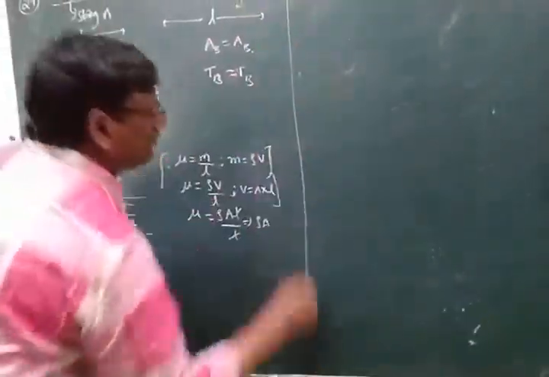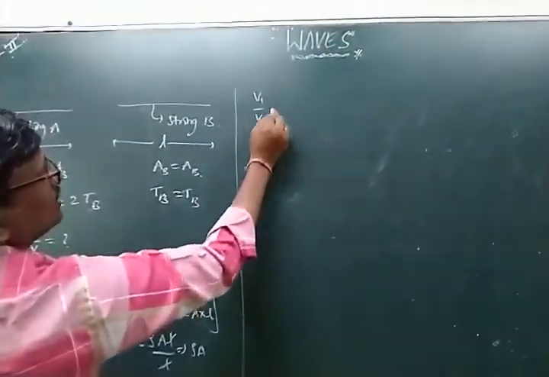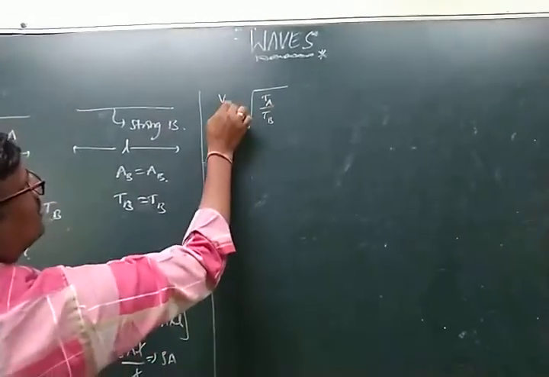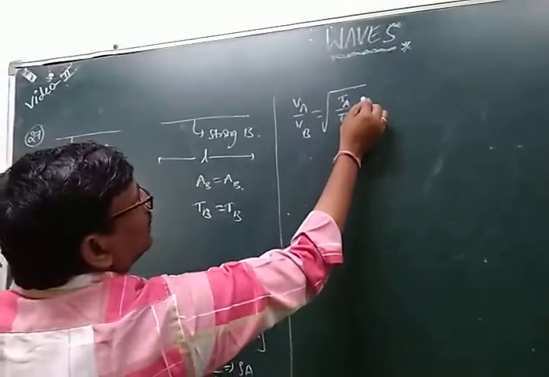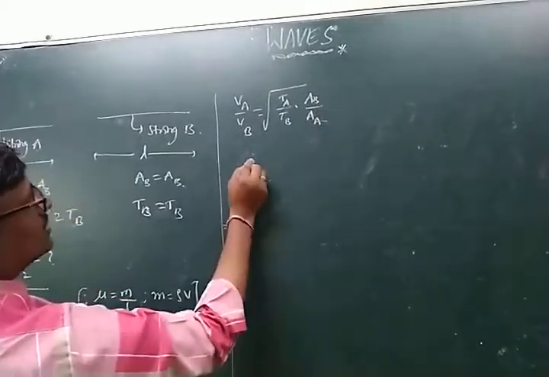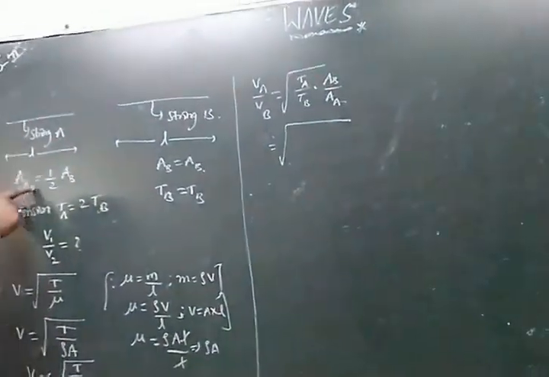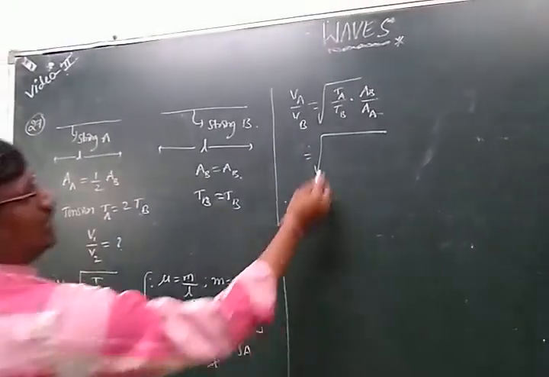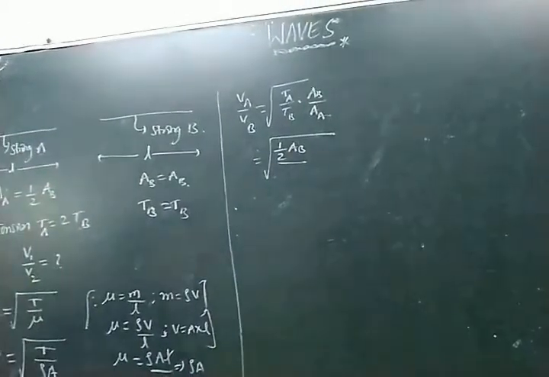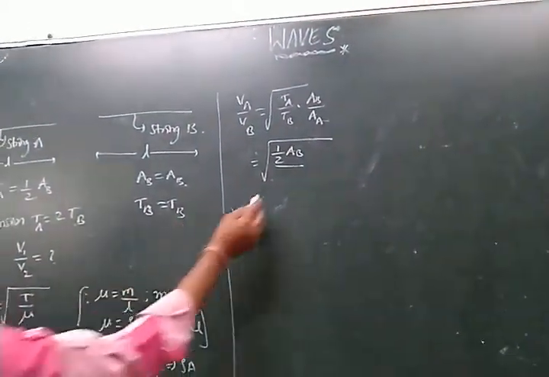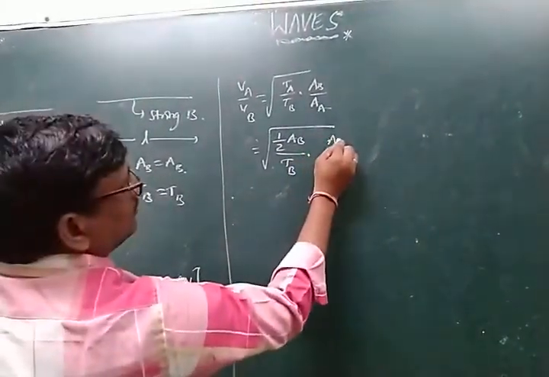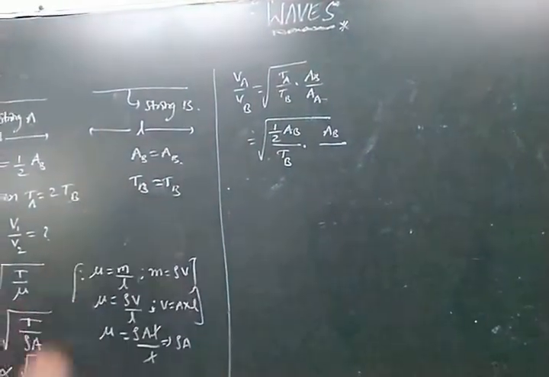Taking the ratio, V1 by V2 is equal to the square root of TA by TB into the area of B by the area of A. Substitute the values: the area of A is 1 by 2 of the area of B, and the tension at A is 2 TB.